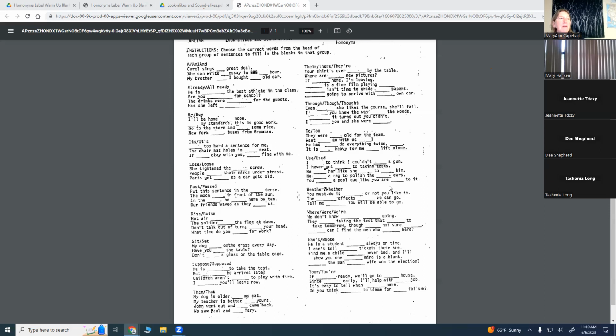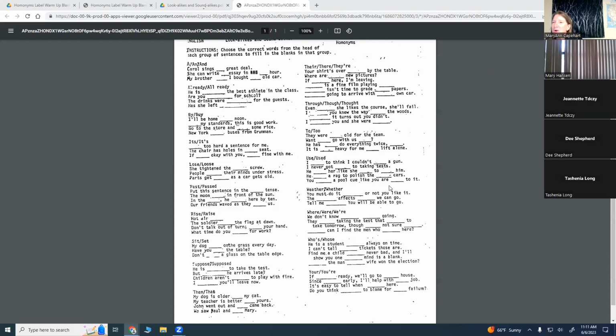Spell it. So when you squish things together like that, you take off the first letter of the second word and add an apostrophe. That's not something you do in formal writing. Usually you would write it out for a paper in college. That's more for speaking or casual writing.